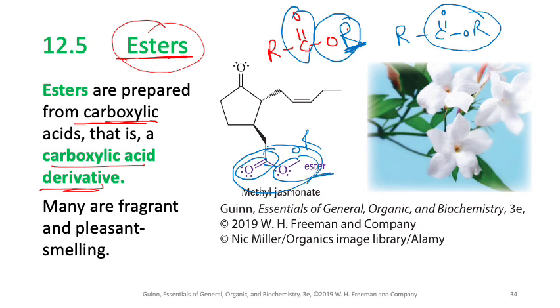Many esters normally give a fragrant or pleasant smell. So if you're doing any work in the laboratory, you can differentiate a compound as an ester by its pleasant smell.